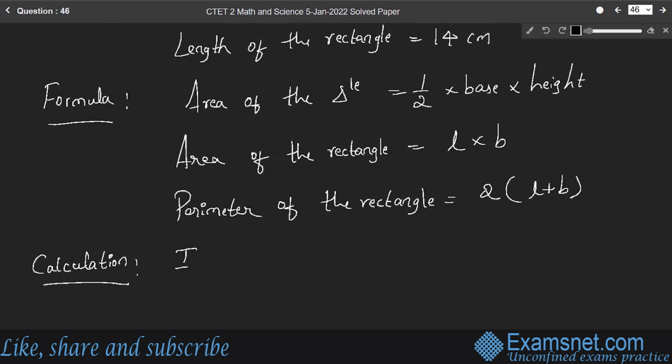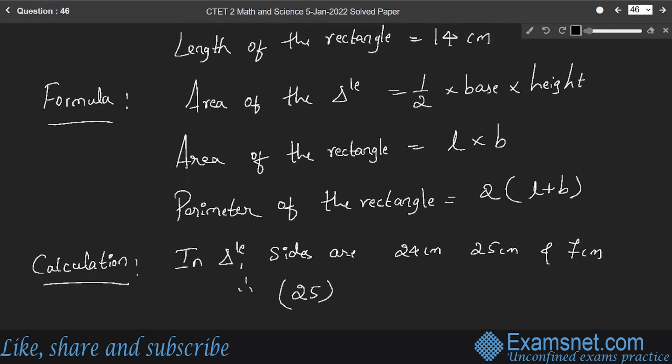In triangle, sides are 24 centimeter, 25 centimeter and 7 centimeter. Therefore, square of 25 is equal to square of 24 plus square of 7.